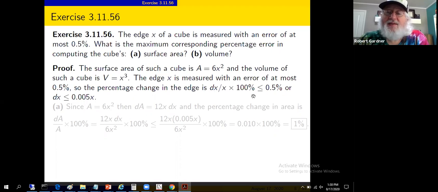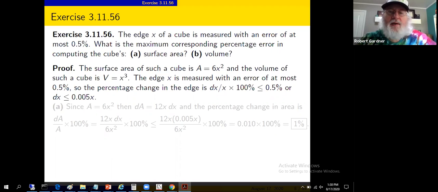So we get this less than or equal to 0.5%. Let's get the percentages out of the way: divide out by 100% and then multiply by x on the other side. You'll get dx is less than or equal to 0.005x. I expect decimal approximations in a lot of this numerical stuff. But that gives us an upper bound on dx in terms of x, and that's what we're given.